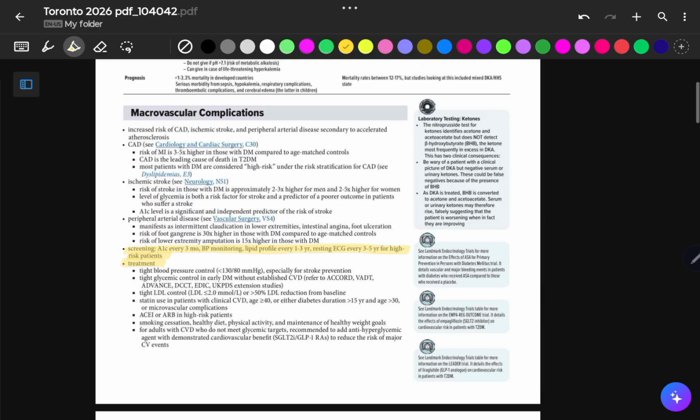The one that has been found to be beneficial and demonstrates cardiovascular benefits is your SGLT2 inhibitor, right? Or your GLP-1 agonist. They're good at reducing the risk of major cardiovascular events.